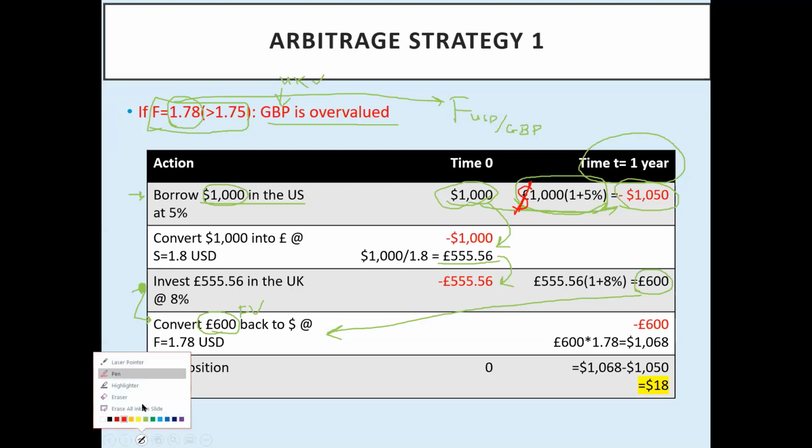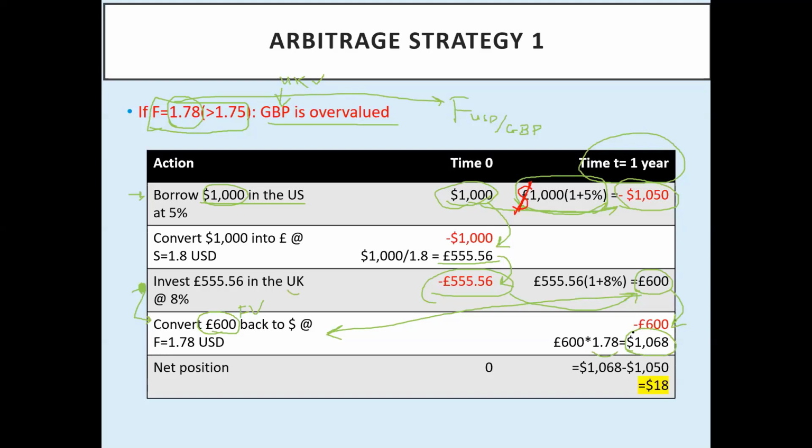With my investment in the UK, after a year, this amount should grow to £600. Because I entered into a forward contract at the start, I'm going to sell these pounds forward, essentially converting them back to the USD at the forward rate of 1.78. If that's the case, I will find that my USD proceeds will be 1,068.